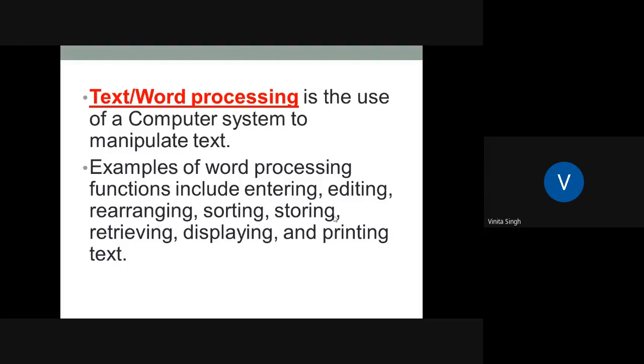For example, if you are entering any word in your already pre-existing file, that is also a kind of word processing. Examples of word processing are entering, editing, rearranging, sorting, storing, retrieving, displaying, and printing the text.